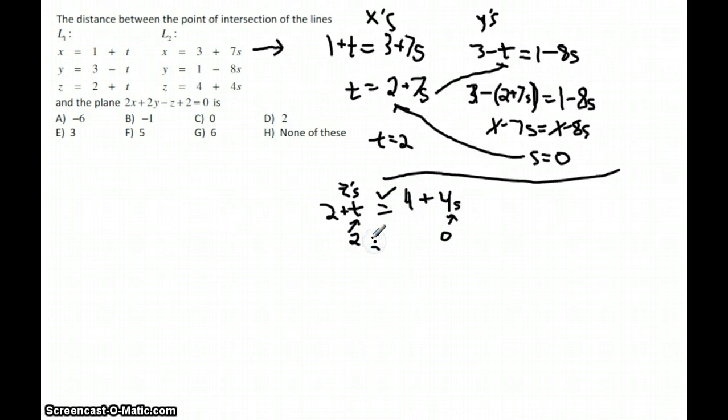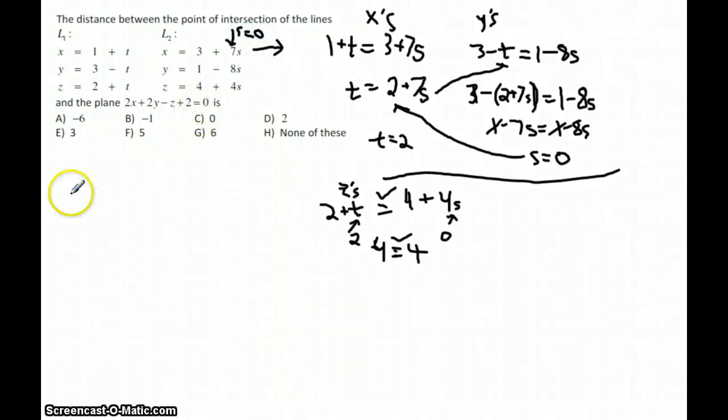The easiest thing for us to do would be to just take s equals 0 and read the point from the line. We get (3, 1, 4). If s is 0, then the point is (3, 1, 4).